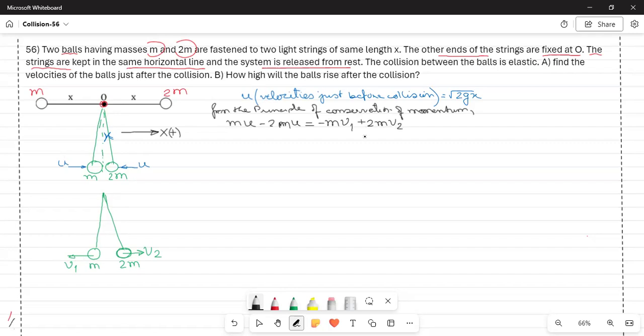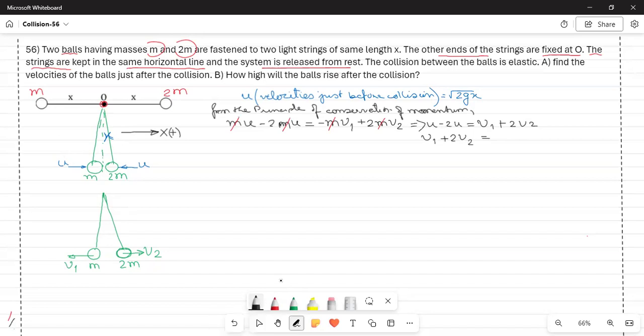From here, if we cancel all the m's, we find u minus 2u is equal to minus v1 plus 2v2.